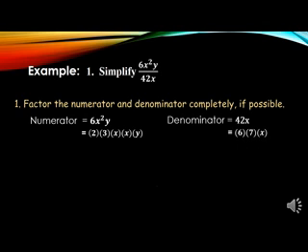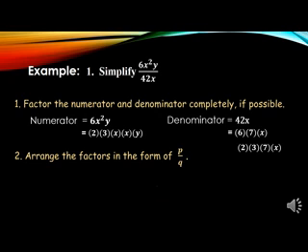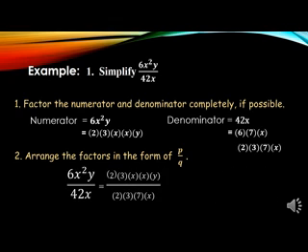But 6 can still be factored out by 2 times 3. So its factors are 2 times 3 times 7 times x. Step 2. Arrange the factors in the form of p over q. So 6x squared y all over 42x is equal to 2 times 3 times x times y all over 2 times 3 times 7 times x.